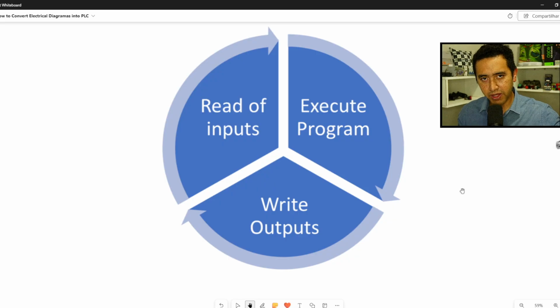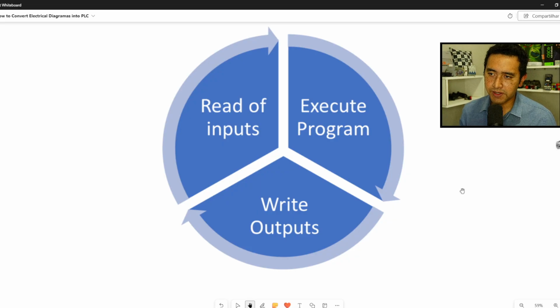I read all of my inputs, then I process these inputs in a program, then I write my outputs, then I do something in the field, and then I read the inputs again, and this cycle occurs infinitely. This is the simplest functionality of a PLC.